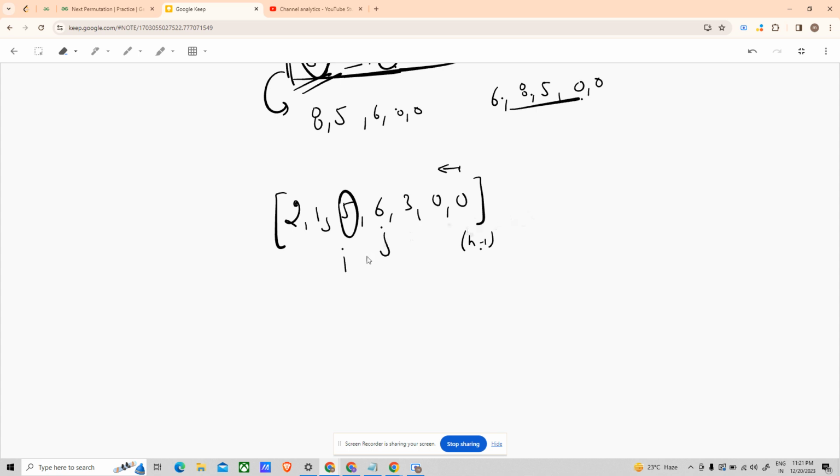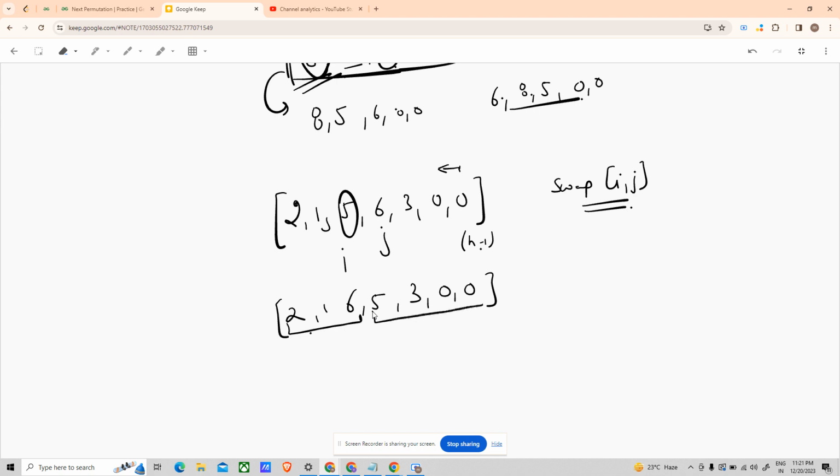And then we swapped those. So we swap I and j. It becomes like 6, 5, 3, 0, 0. Okay. So now we got the 216 is fixed. Now we have to manipulate the remaining part to get our answer.